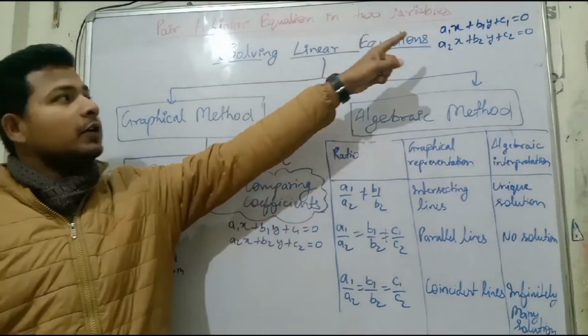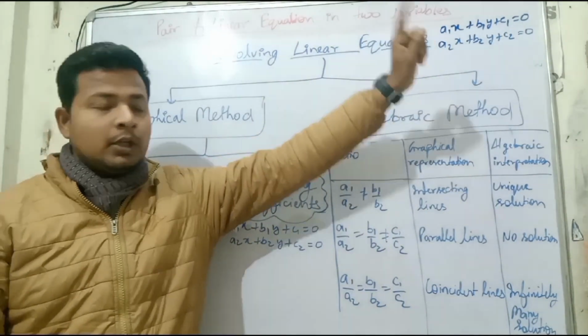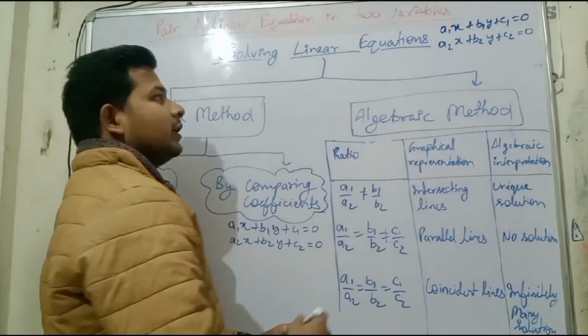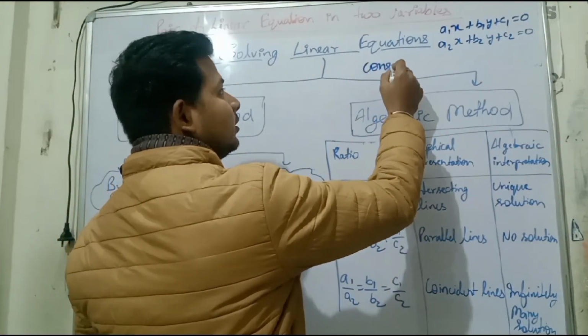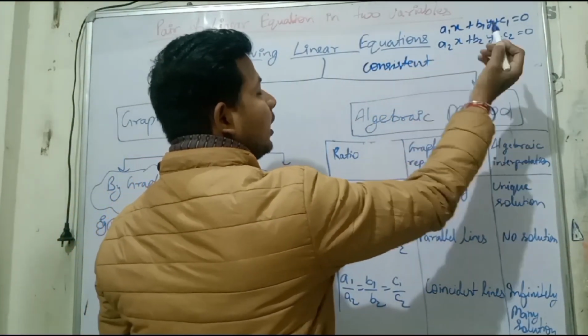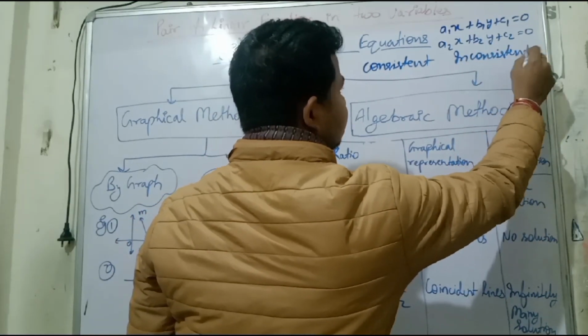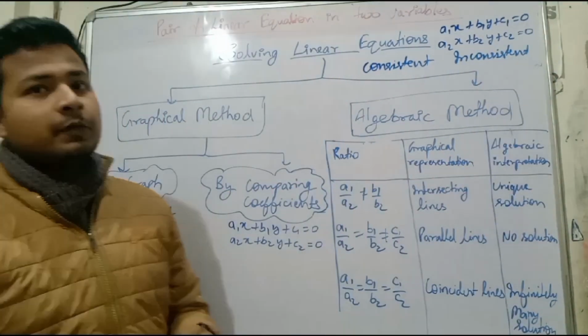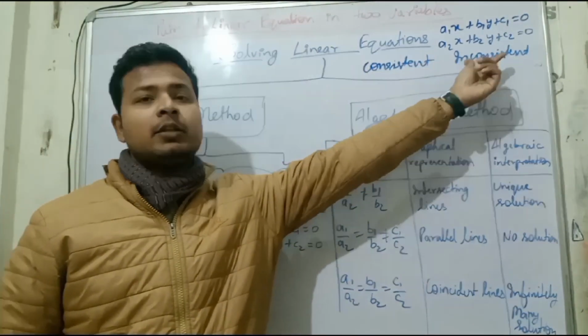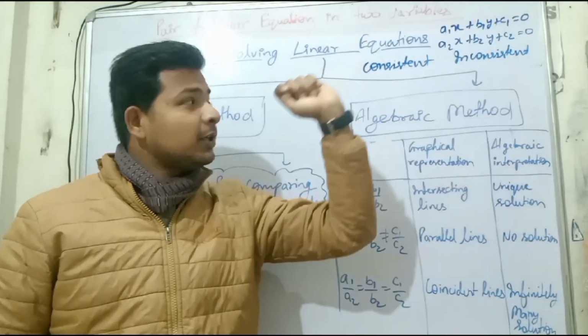Now how we are going to solve that equation? Also we have to face two words, that is consistent and inconsistent. First of all, we have to understand the meaning of consistent and inconsistent.